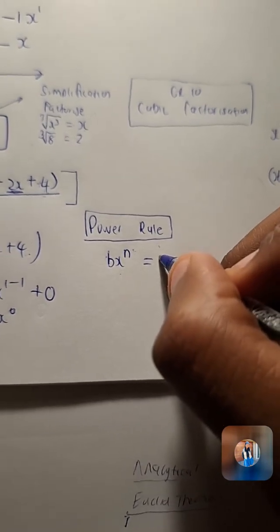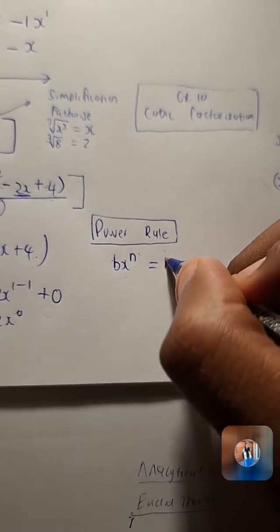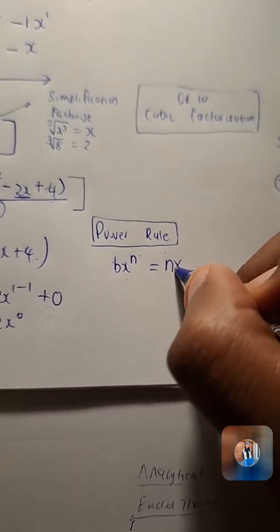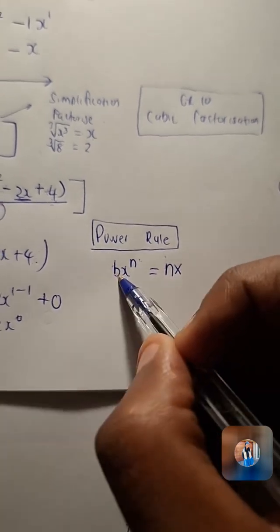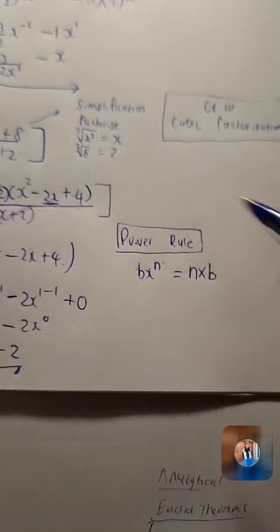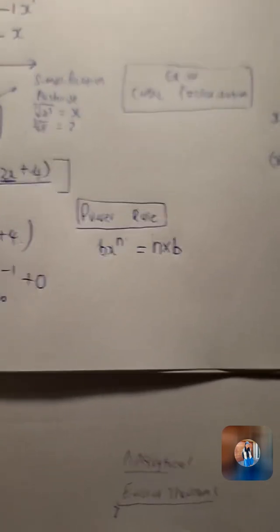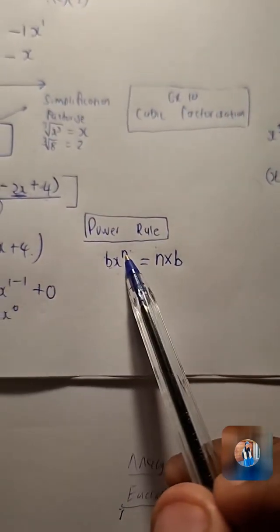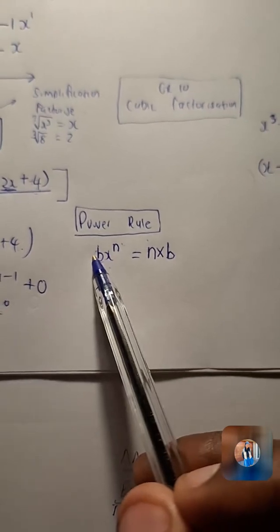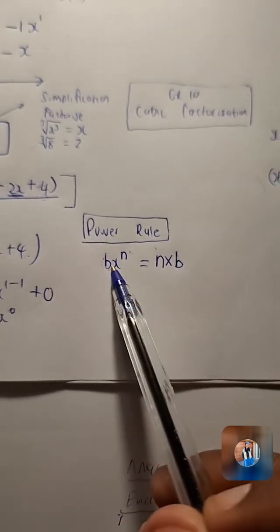What you do is you take that exponent and multiply it with the current coefficient, which is b.